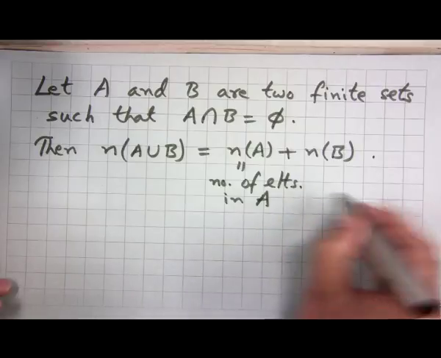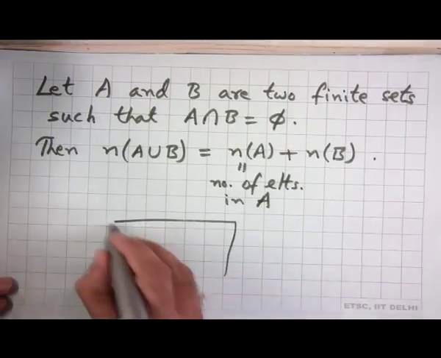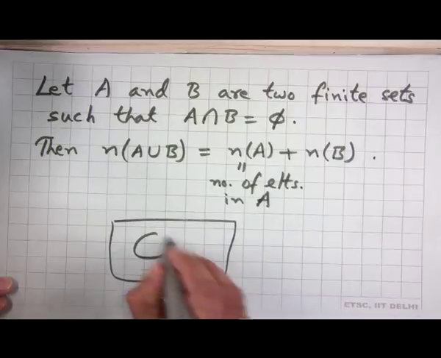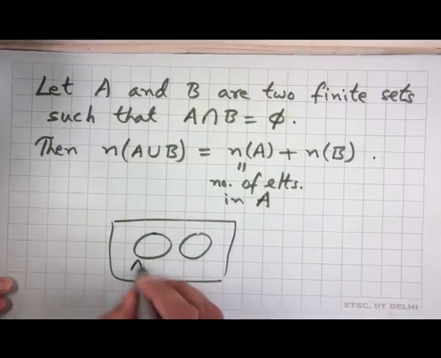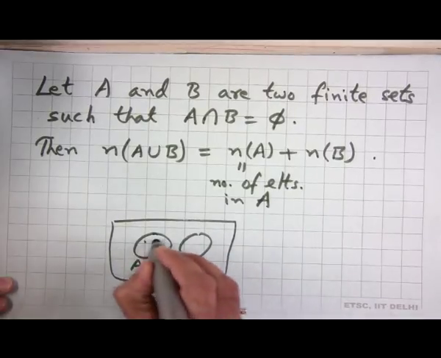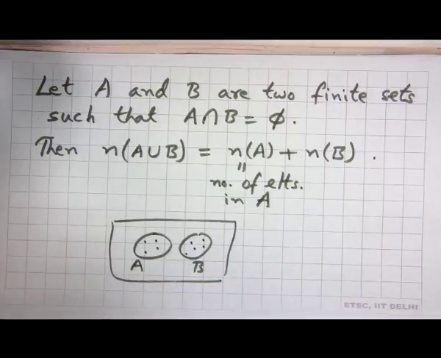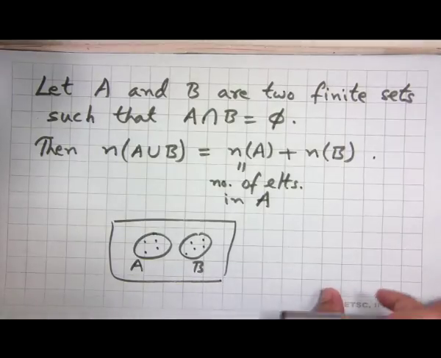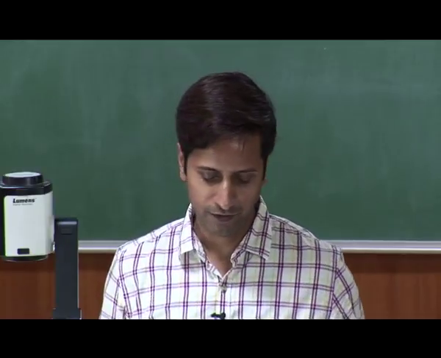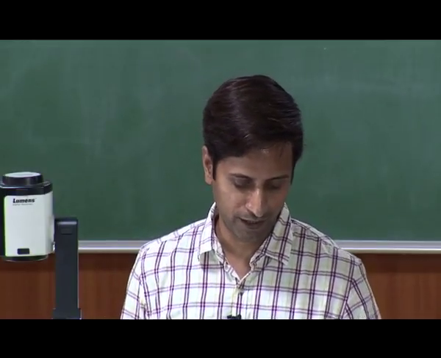So, in this case we have two sets A and B which are disjoint. So, counting the number of elements which are in either A or B is the same as just adding the number of elements in A and the number of elements in B. Next we will see what we can say in general.